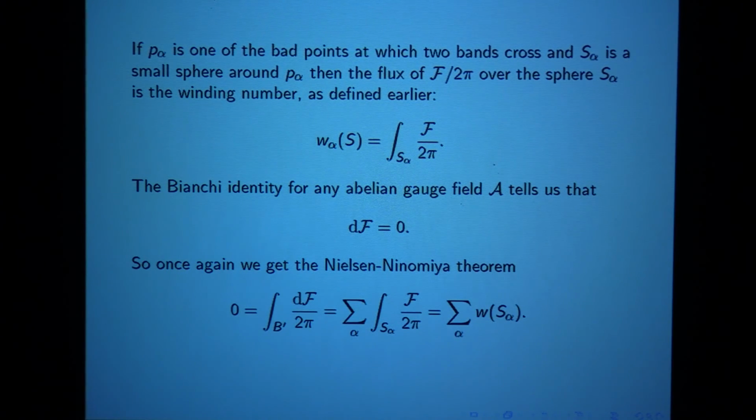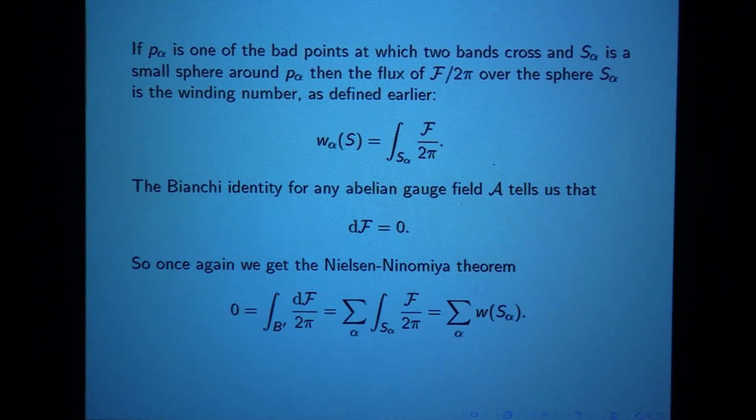So when you say bad points, basically poles of the Berry connection? Well, they're poles of the Berry connection, but I think it's more physical to say that they're points where the bands cross. What I've called bad points are the points where the two bands cross, where the Hamiltonian has degenerate eigenvalues.